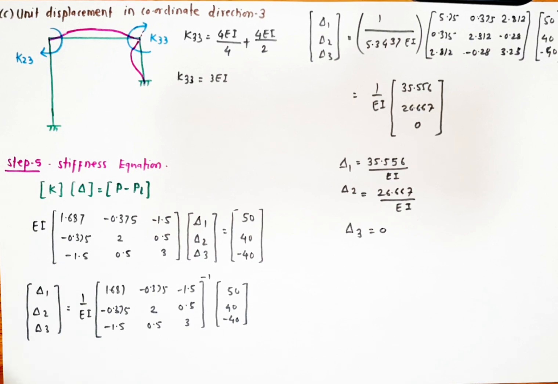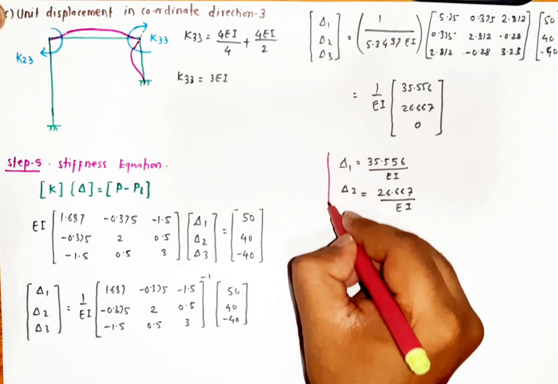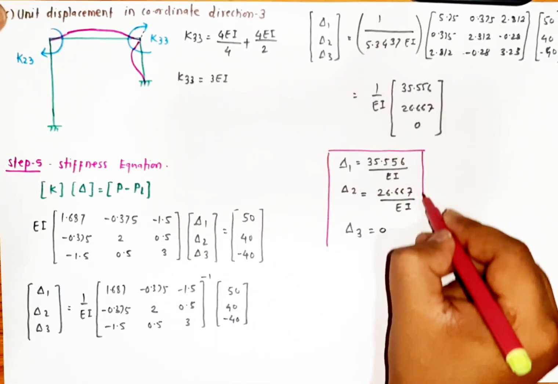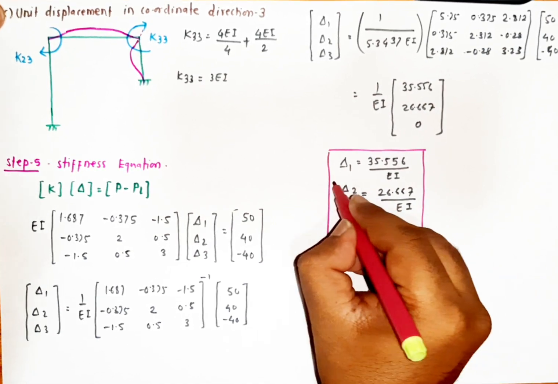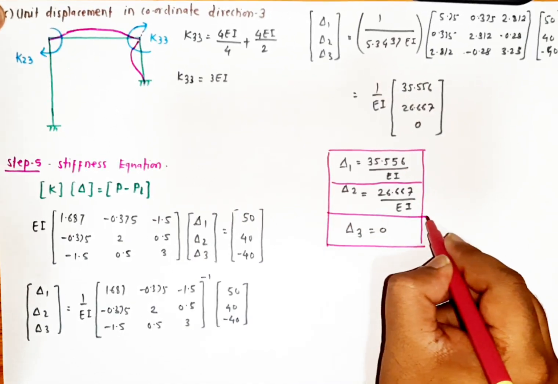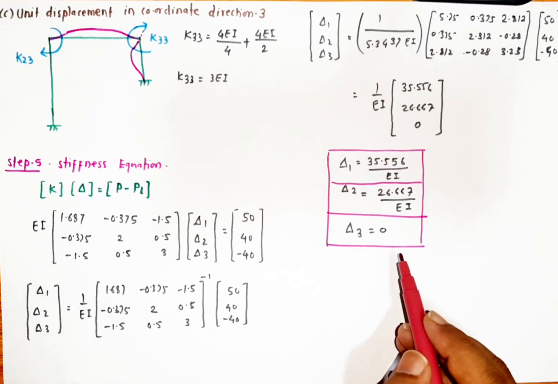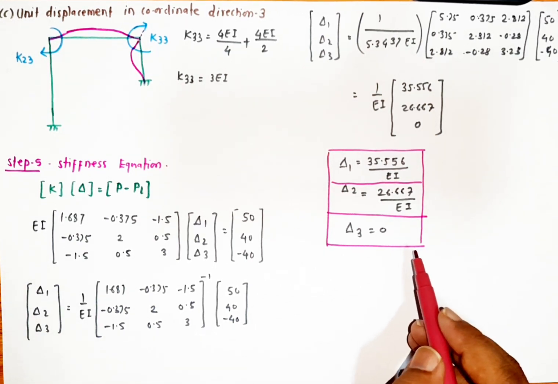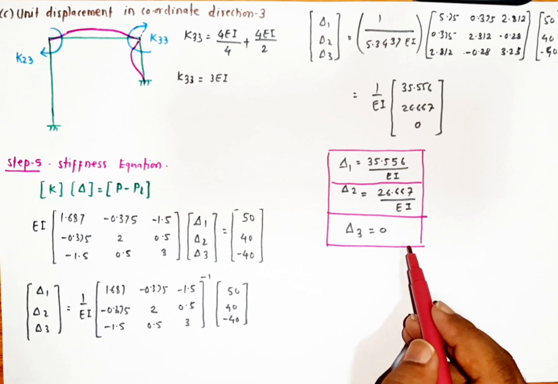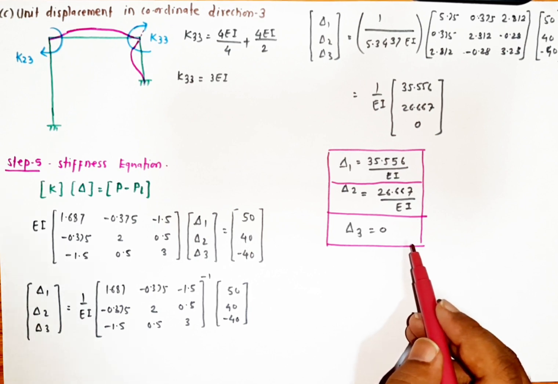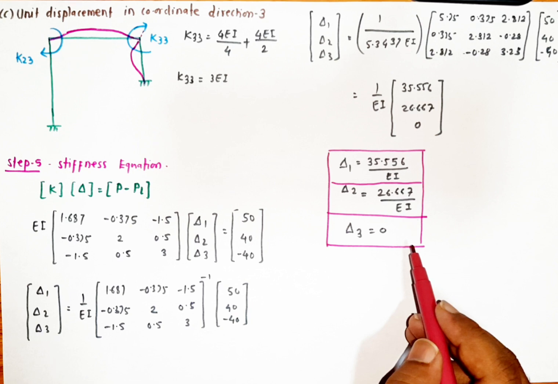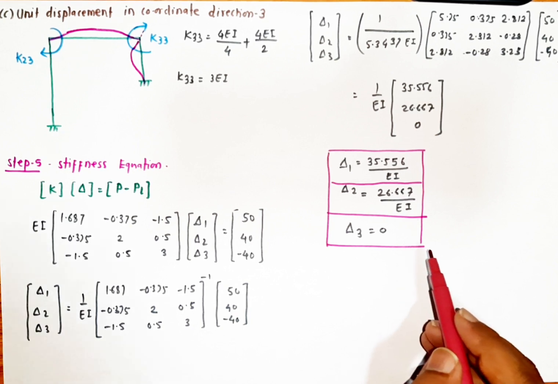So this is all about our unknowns using the stiffness matrix method, that is delta 1, delta 2 and delta 3. Now this value we can substitute in the slope deflection equation and we will get a final value. Here definitely there is a value which is nothing but a deflection also, that is delta.